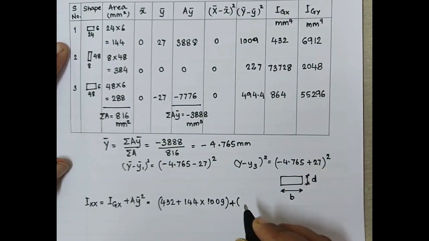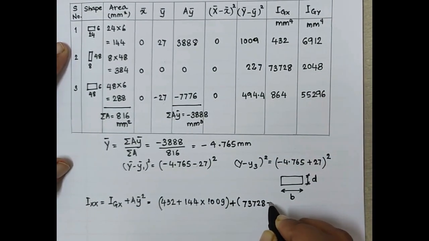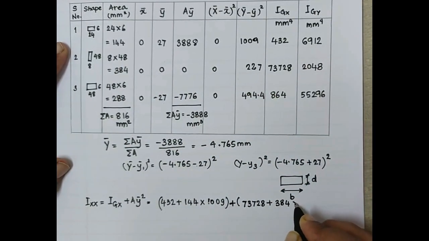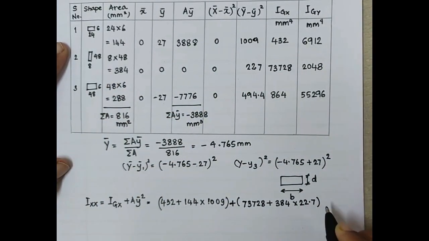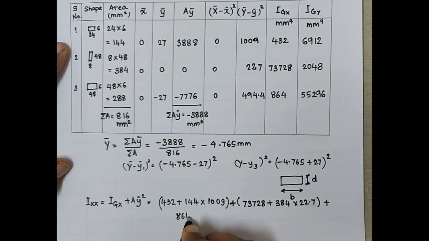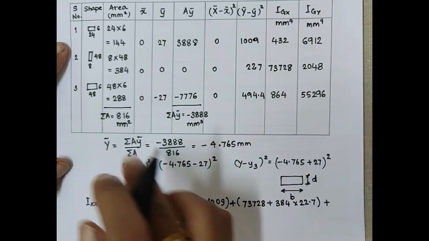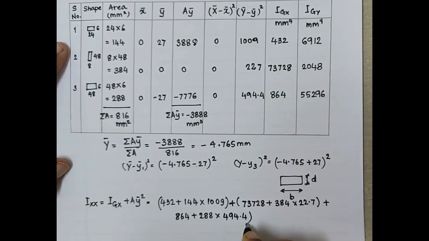Now we add the second row because all the 3 rectangles are getting added. So we go IGX, that is 73728 plus area in the same line, that is 384 into y square, that is 22.7, plus we go with the third bracket, that is 864 plus area 288 into y square, that is 494.4.